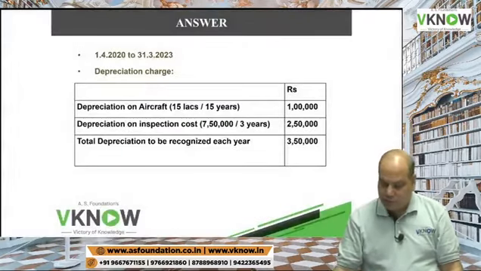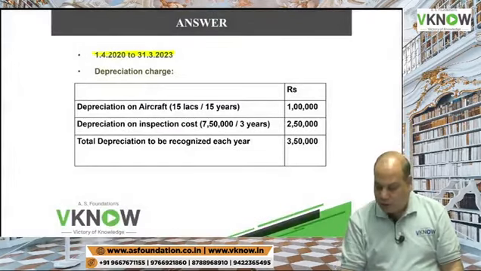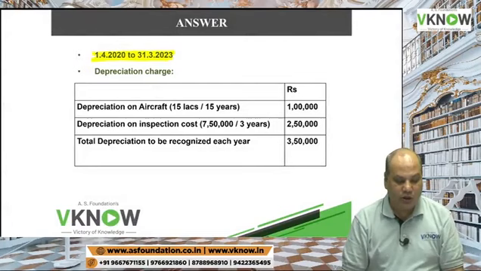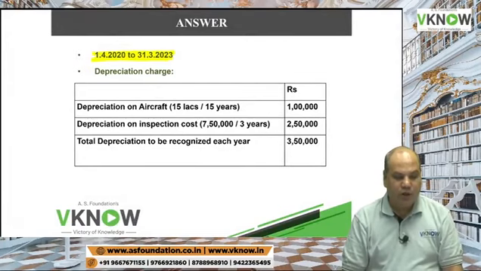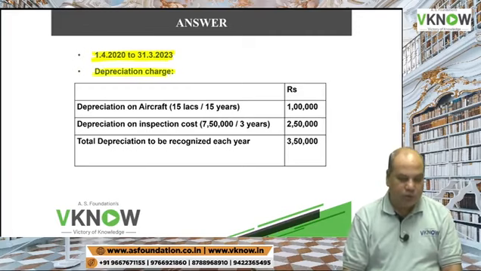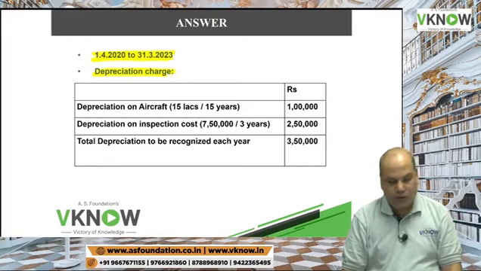So write down one line blank and write down 1/4/2020 to 31st March 2023. What will happen in the next 3 years? Write down depreciation charge, right hand side rupees.